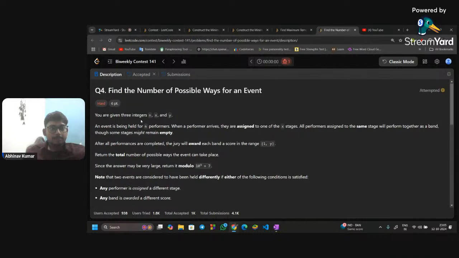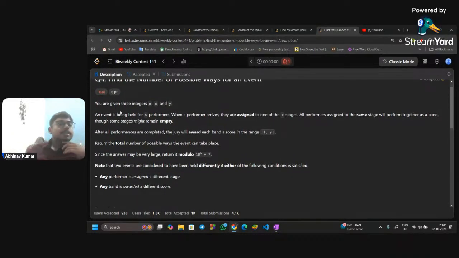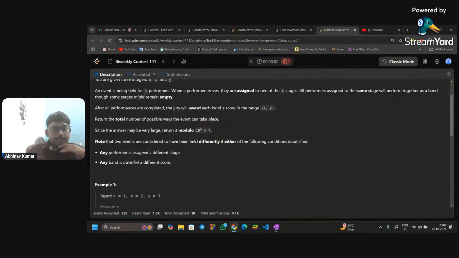Okay, find the number of possible ways for an event. You are given three integers n, x, and y. An event is being held for n performers. When a performer arrives, they are assigned to one of the x stages. All performers assigned to the same stage will perform together as a band, though some stages might remain empty.